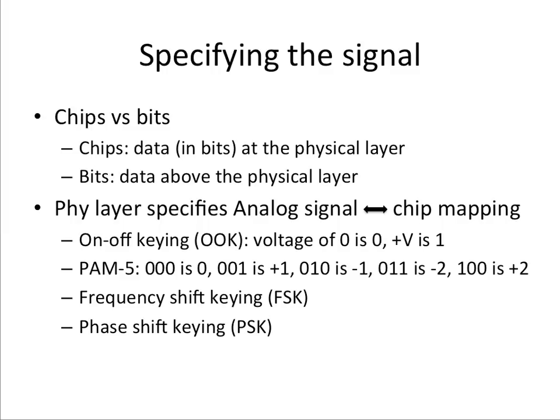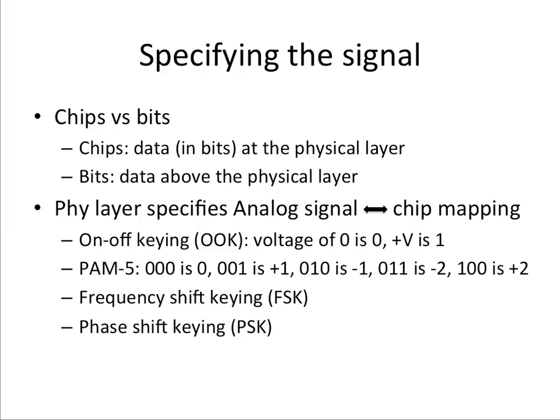Let's think about specifying the signal, or the signal that we transmit. First, there is this idea of chips, which is data at the physical layer. This is not the information that's coming from the upper layers of the stack, just the data at the physical layer. For example, the physical layer transmits some, or causes some change in the media, so that might be the chip.